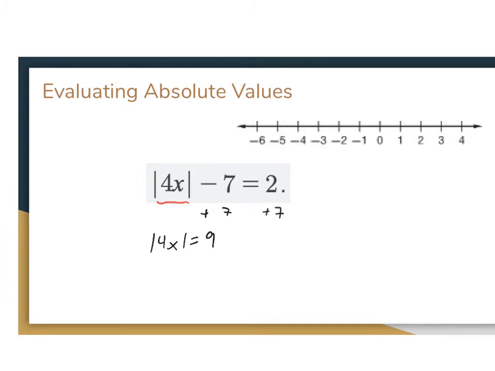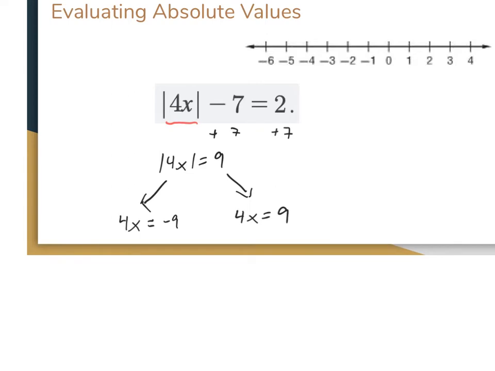Now I will split this into 2 equations, our negative side and our positive side. So I have 4x is equal to -9 and 4x is equal to positive 9.